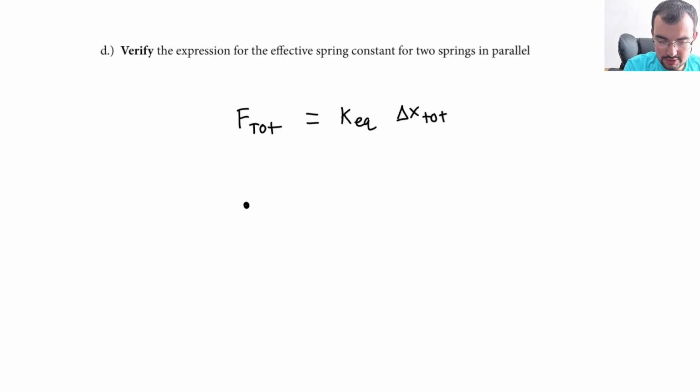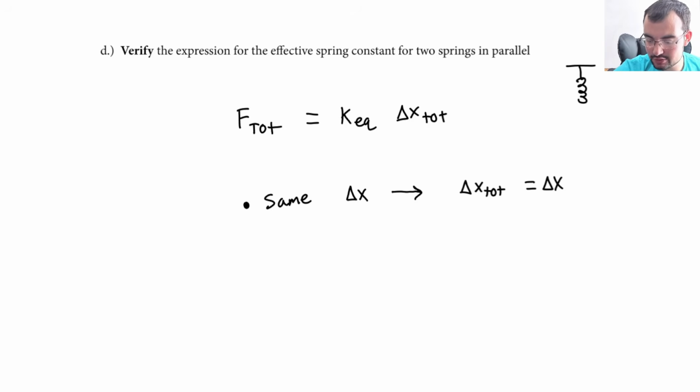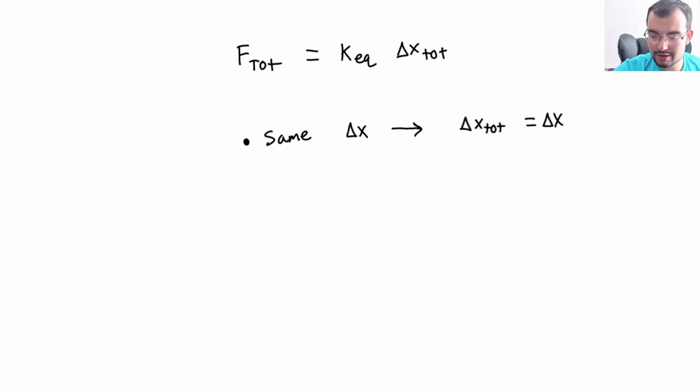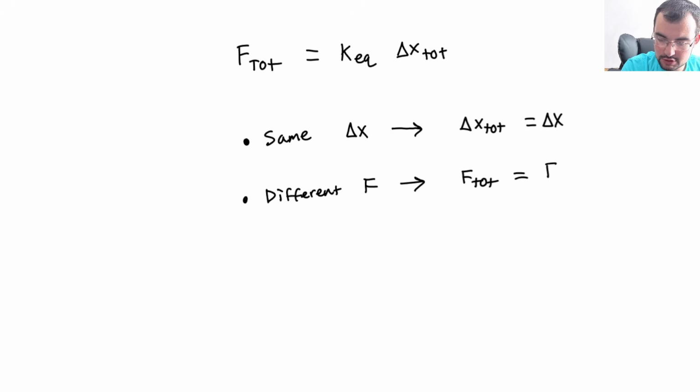In this case, we have the same delta x, which means that delta x total is just delta x. There's no summing happening because if I break it down, it's just a single spring extending. We're not adding their stretches. And we have different forces. So the total force is going to be the force from spring 1 plus the force from spring 2.